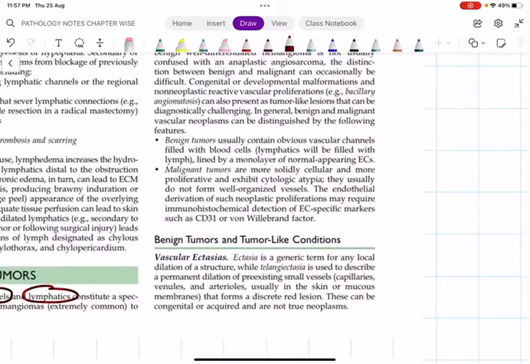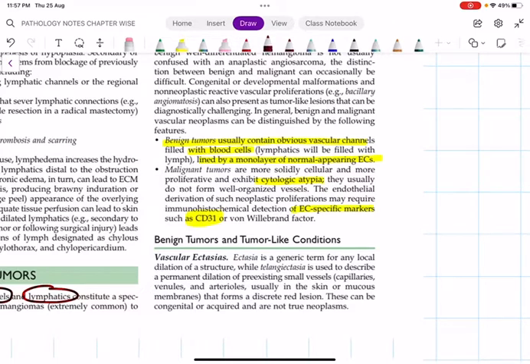So, just a word about benign tumors and malignant tumors. Benign tumors have obvious vascular channels. They are filled with blood cells, and they are lined by normal appearing endothelial cells. Malignant tumors, they will exhibit what? Cytological atypia. Am I right? They won't resemble the normal blood vessels, and they test positive for an endothelial cell specific marker called CD31.